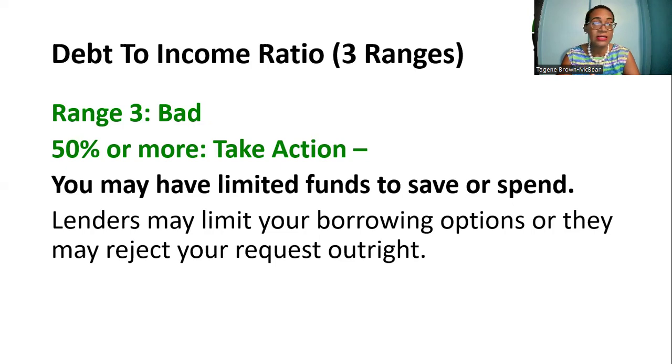Then this is very bad, right? So what this means to anybody in the financial industry is that you have limited funds. You see, the bank can even tell you what is happening with your money. You have limited funds to save or spend. That is what this category means. So lenders will limit your borrowing options, or they might straight out reject you.